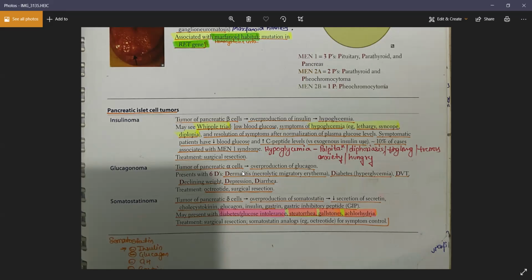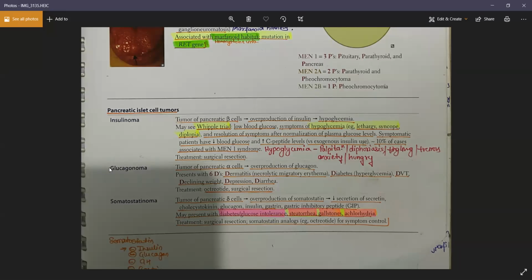It is a necrosis type rash in the skin, and it is a migratory rash. Very important. Sometimes it would be on your hand, sometimes on your face, sometimes on the legs, the thorax, the abdomen. So it is necrolytic migratory erythema. So along with the diabetes, if the patient is having this dermatitis, that means it is a glucagonoma.